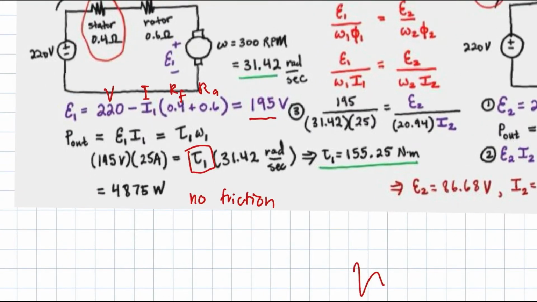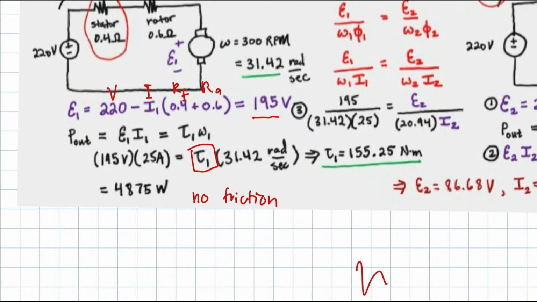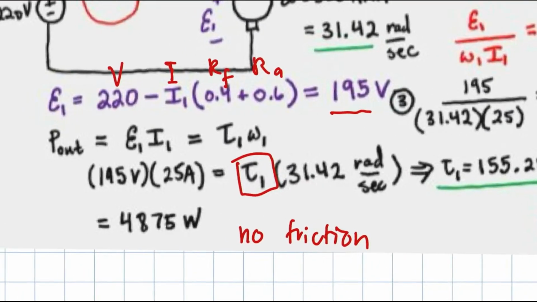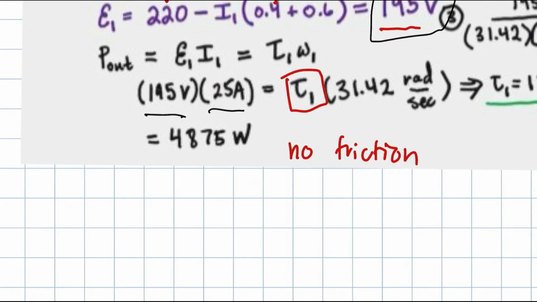So we assume it to be 100%? No. EI equals 195 times 25. It doesn't ask for efficiency, but we can find the efficiency. Efficiency equals T omega over VI.